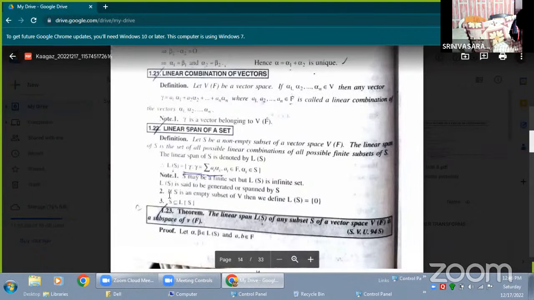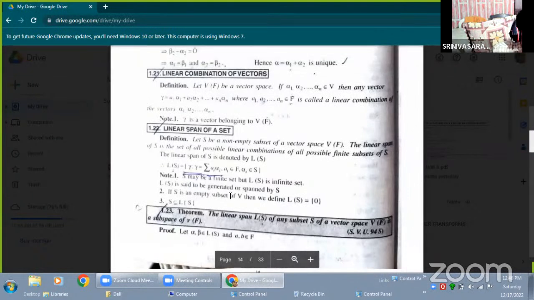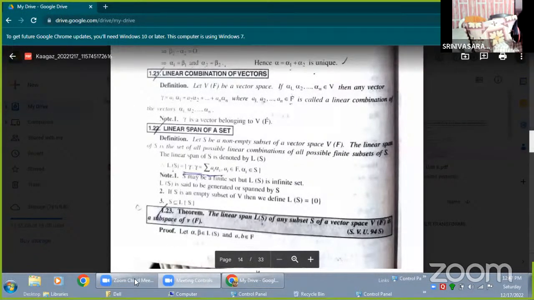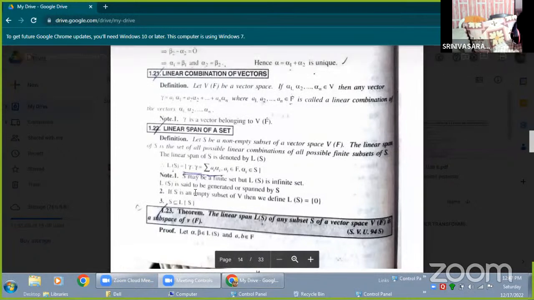The linear span is also sometimes called generated or spanned by the subset of a vector space. L(S) is also called the linear span, or generated by a subset of a vector space.